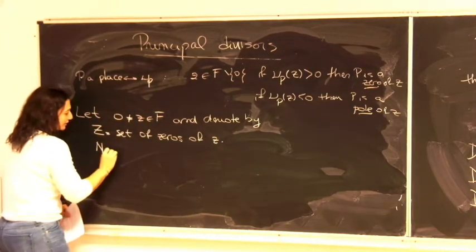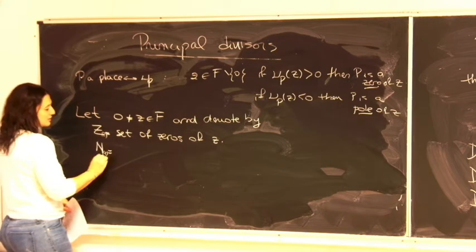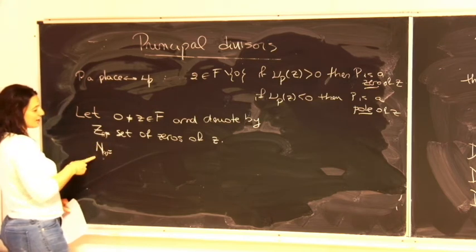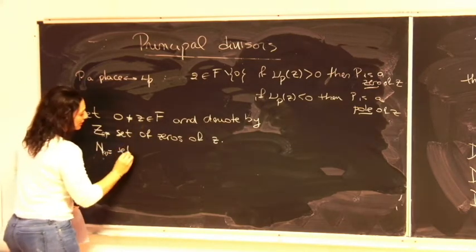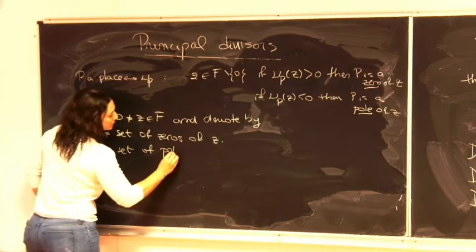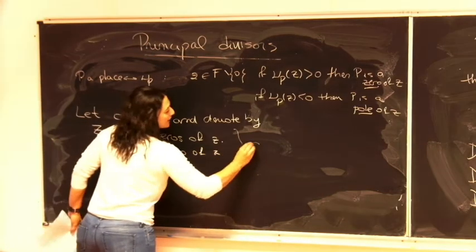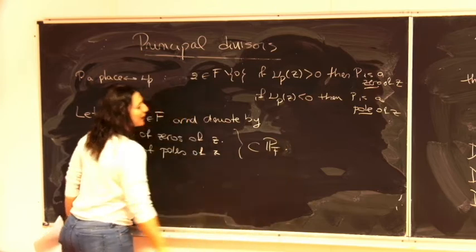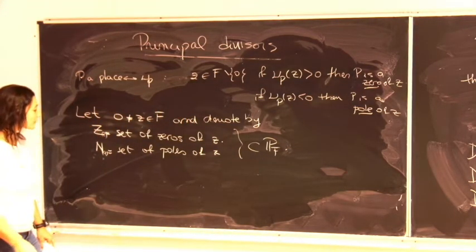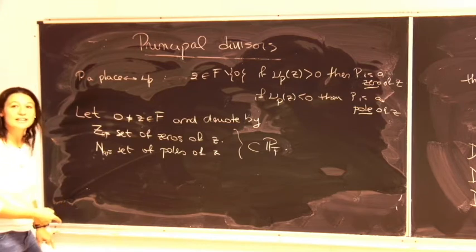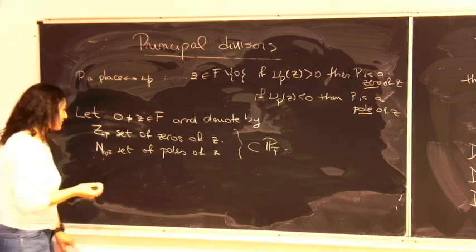This set depends on the element that I'm picking, okay? And the set of poles of z. These two sets, of course, are inside the set of places of the function field. And with these sets, I can define the zero divisor and the pole divisor of an element.